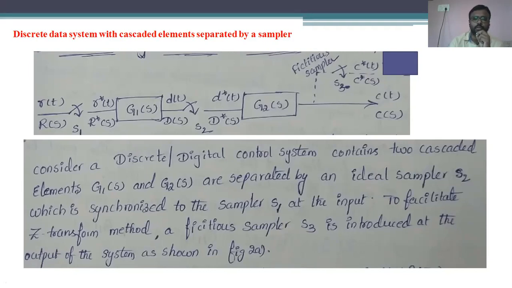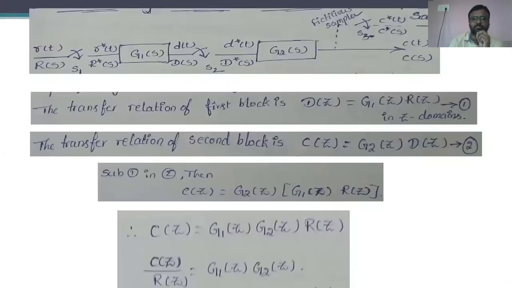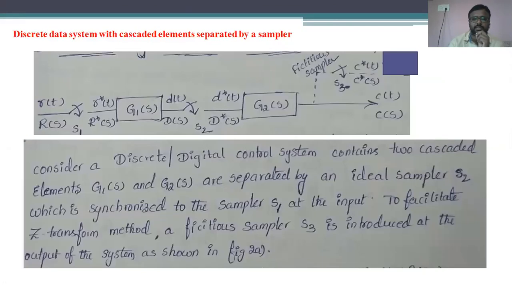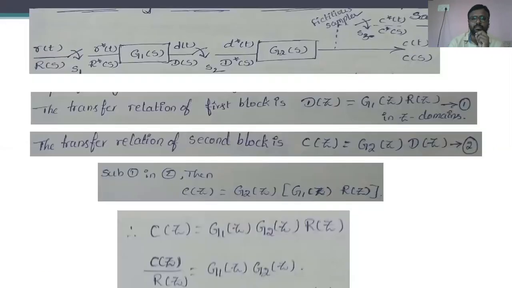We have derived the expression for the pulse transfer function, that is C of Z divided by R of Z, which is going to be G1 of Z into G2 of Z.